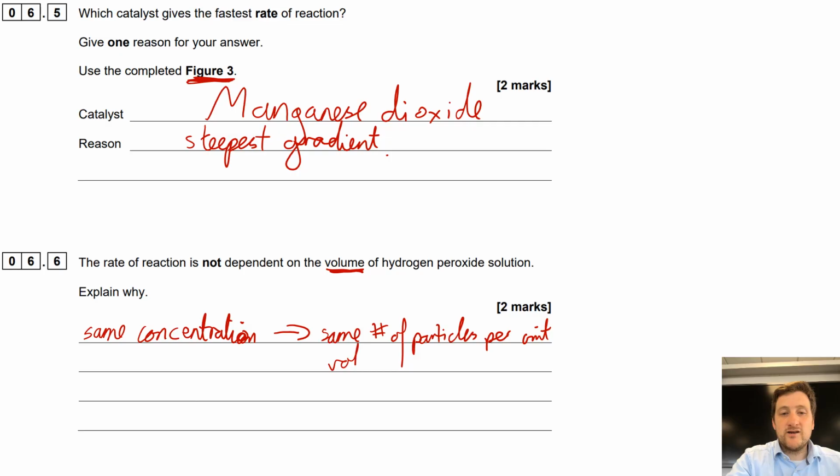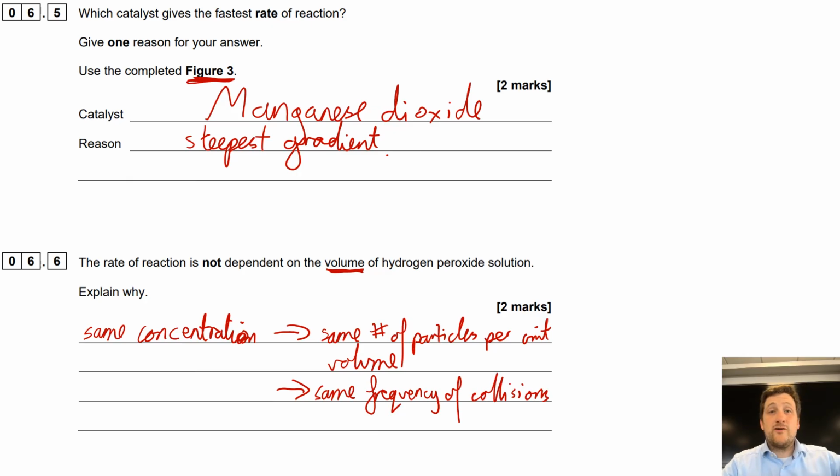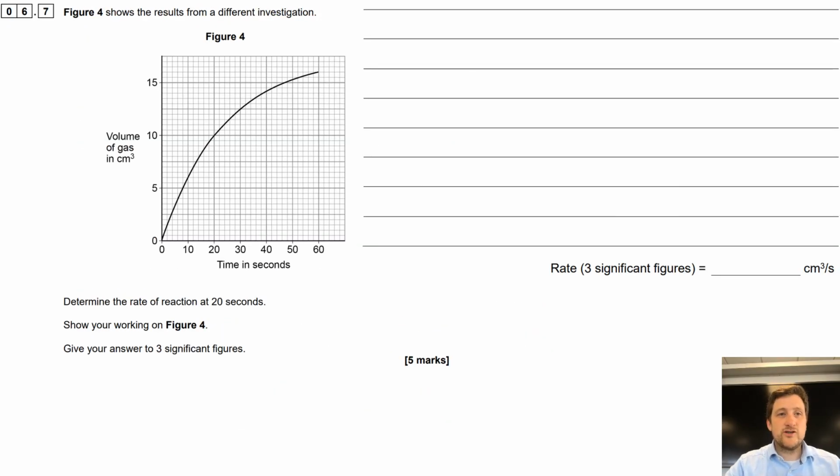A little bit like density in some ways, the same number of particles per unit volume. And why does having the same concentration mean anything? Well, it's the same number of particles. That means it's going to have the same frequency of collisions. And that's really important, knowing that concentration is all about the number of particles per unit volume, and therefore the frequency of collisions.